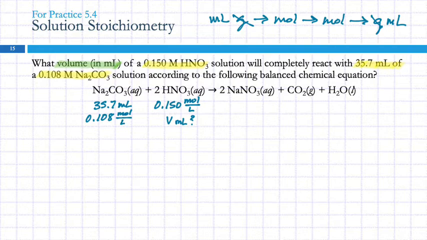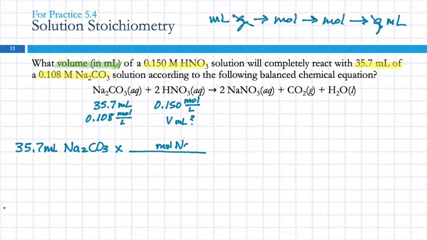So I'm going to start with the milliliters of the thing they told me the most about. 35.7 milliliters of Na2CO3. And I'm going to go to moles of that. I'm following this path up here. It's kind of sketchy, but it's good enough. And then I'm going to go to moles of the other thing.